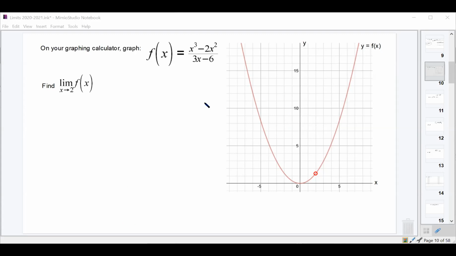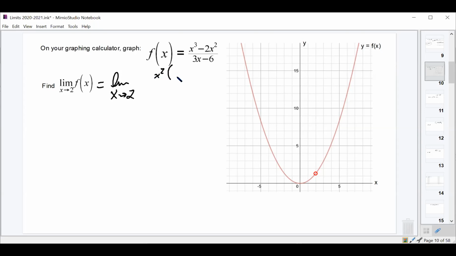No? Okay, so let's see if we can algebraically figure out what this is. So what we're going to do is we're going to say the limit as x approaches 2 of f of x is equal to the limit as x approaches 2. And it's very important that every time you write this out, you include the limit as x approaches 2 at the beginning. And we're going to factor this numerator. What can I factor out of the numerator? X squared.